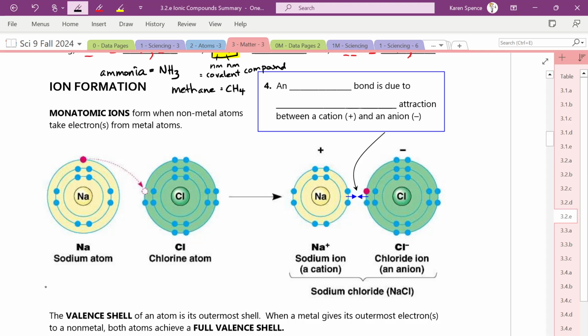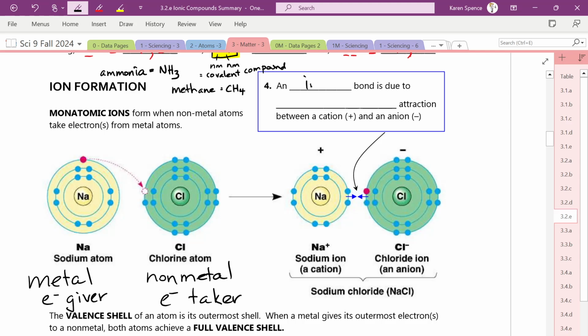Metals. The metal is the electron giver. Who's the electron taker? Nonmetal is the electron taker. And that gives everybody a full shell.